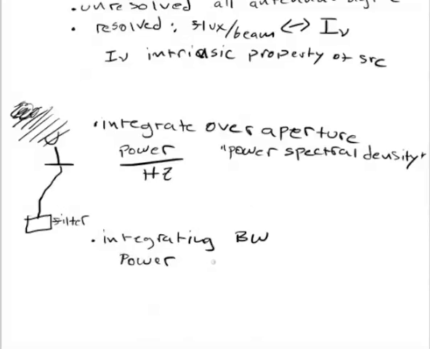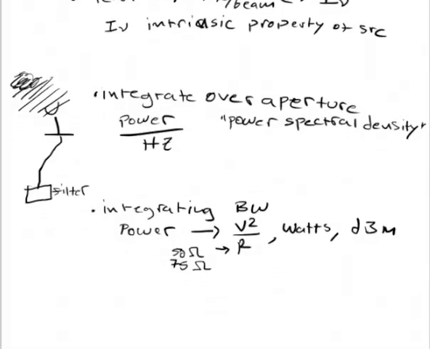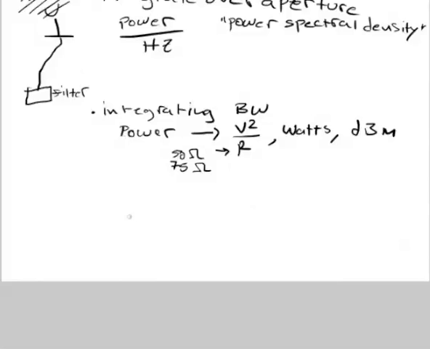Power is usually measured in volts squared per resistance, which is usually taken to be 50 ohms or 75 ohms, depending on what kind of system you have, but it can be anything. Watts, or dBm, which is a decibel. Note that volts squared over R is the same thing as watts.